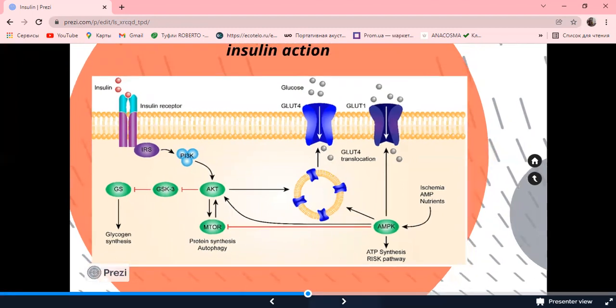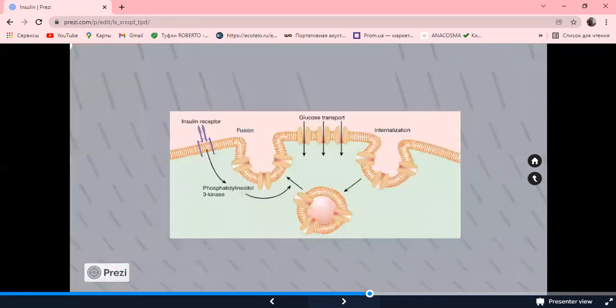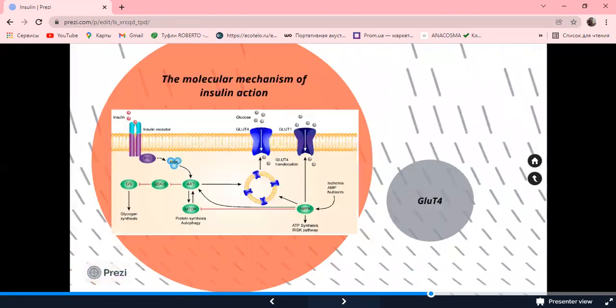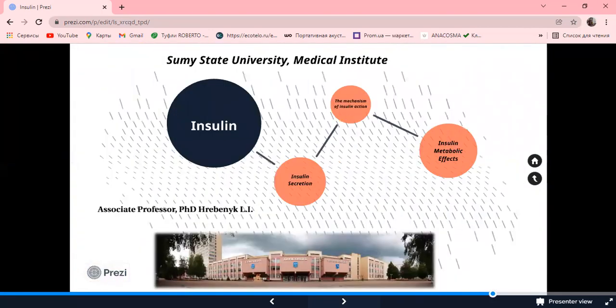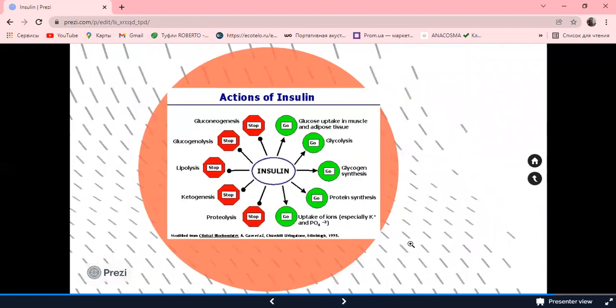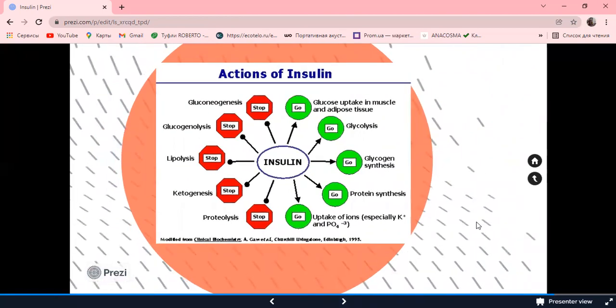About the metabolic effects of insulin, I'll explain by using the next scheme. And now, insulin decreases glucose concentration in blood because insulin activates utilization of glucose. What does utilization mean? Utilization is transformation of glucose into compounds that are not glucose molecules.